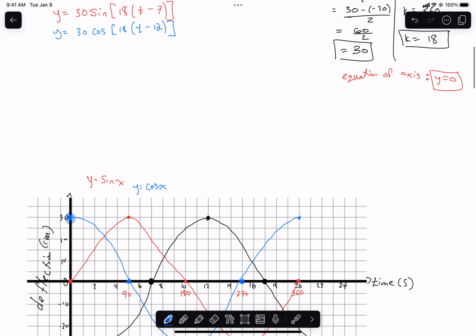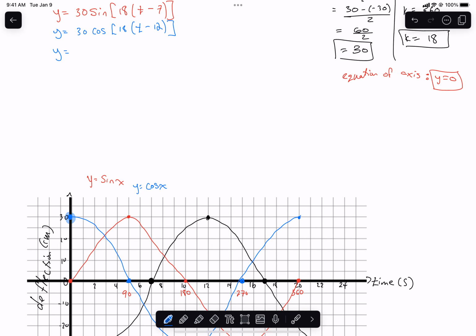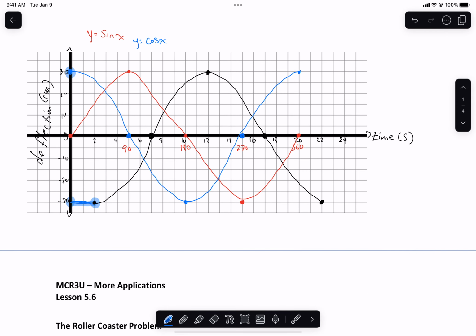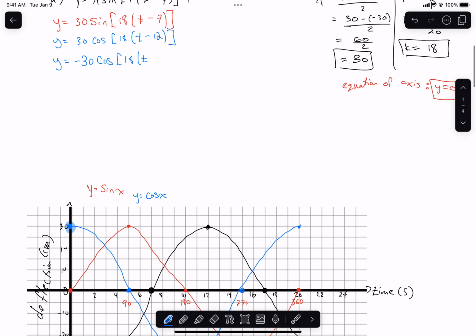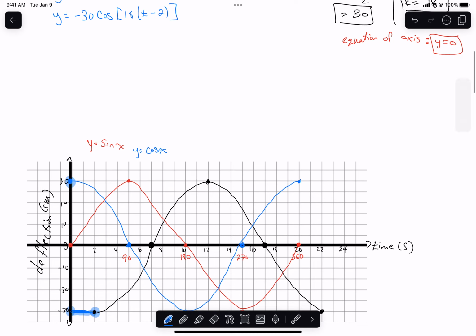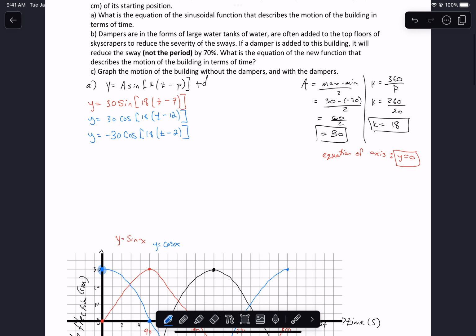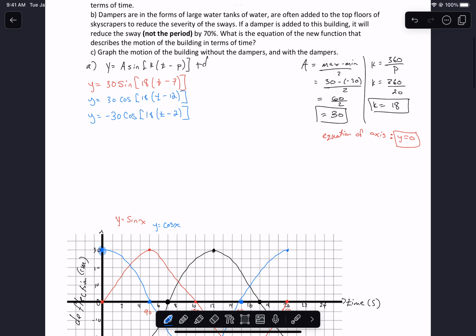So I could say y is equal to negative 30 cosine 18t, and now I need to move this graph 2 units to the right, t minus 2. So those are the three possibilities, and there's more, I'm sure, but those are three of the possibilities we could have to represent this situation.